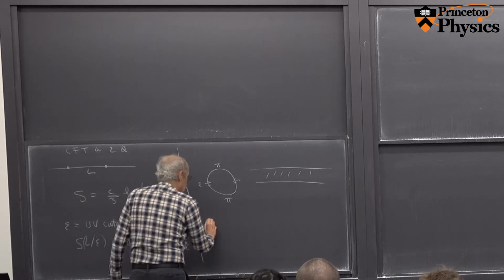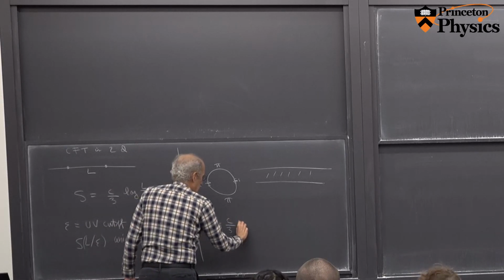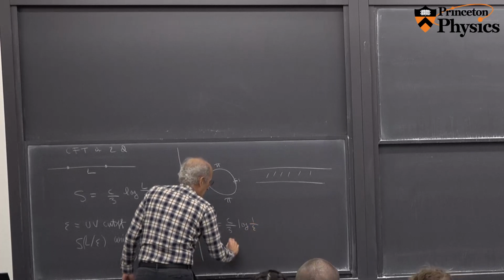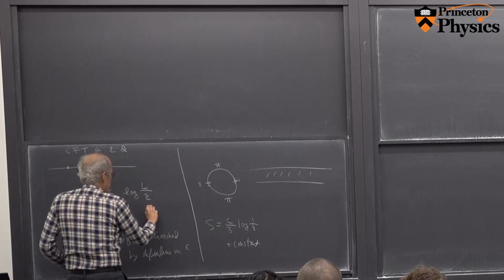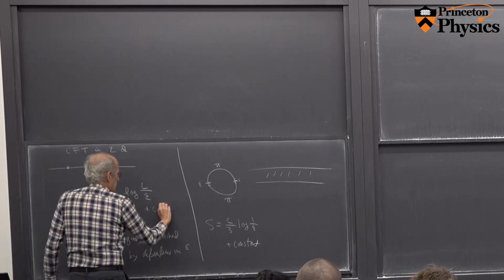We computed that the entropy was C over 3 log of 1 over epsilon plus a constant. Both of these formulas involve a non-universal constant.